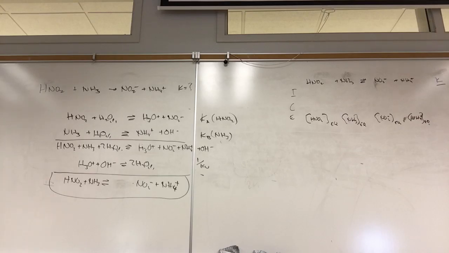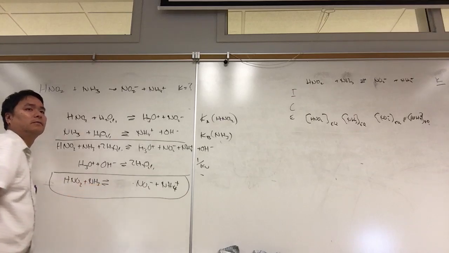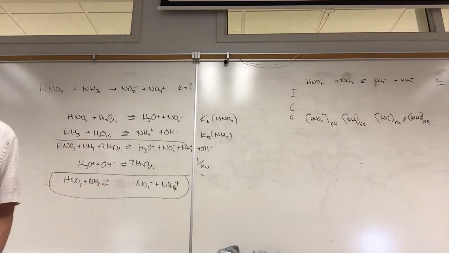Okay, after we do this ice table, we get K, we get those equilibrium concentrations, and then what? Oh, well, K's already solved, because K we're going to solve here by multiplying these K's. So we know what K is.